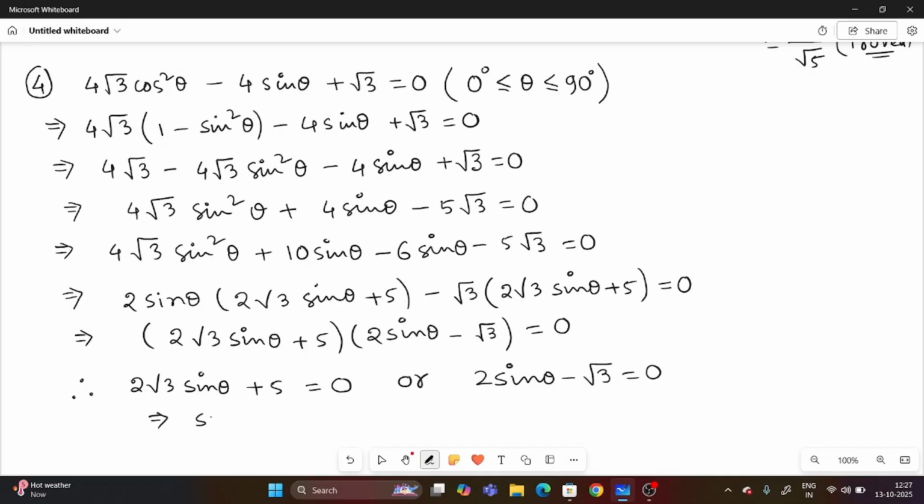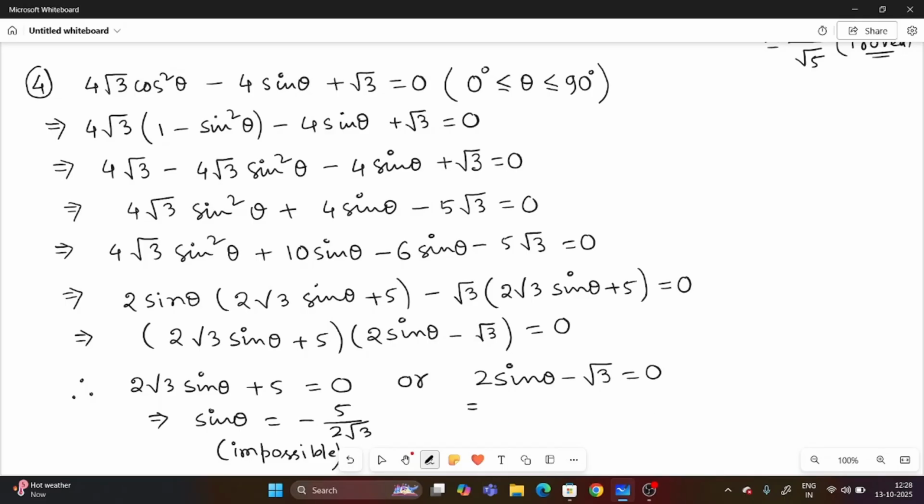From the first equation we get the value of sin theta as minus 5 by 2 root 3, which is impossible as it is given that theta lies between 0 degree and 90 degree. So the value of sin theta is always positive. So this negative value of sin theta is completely invalid.